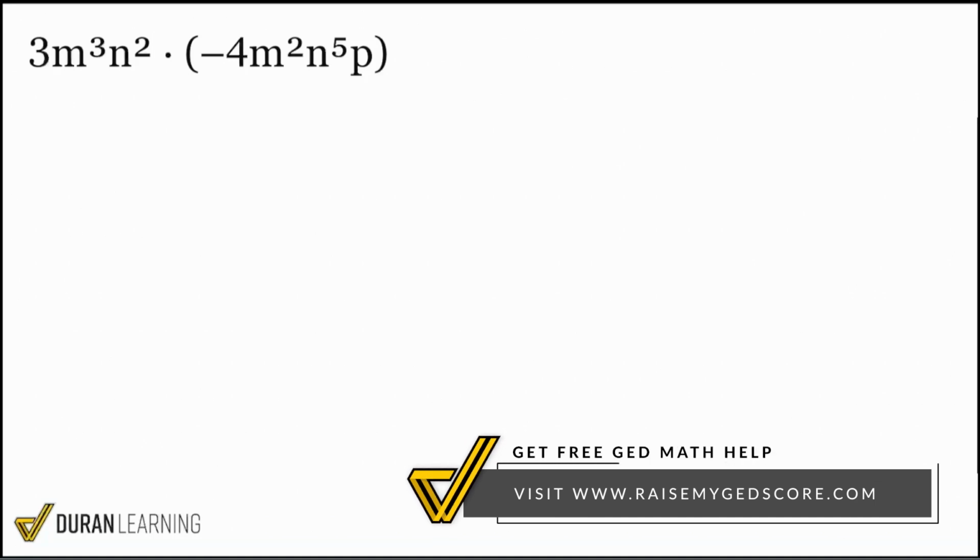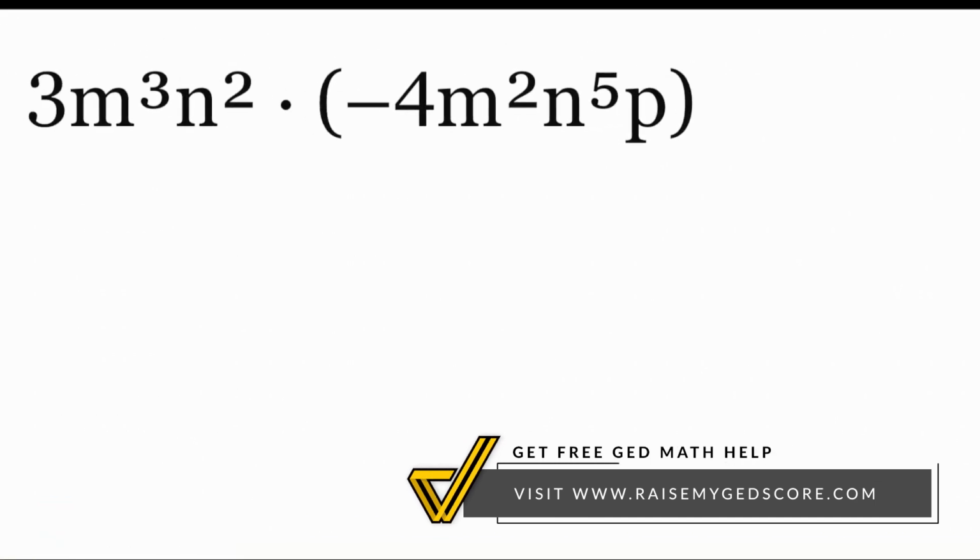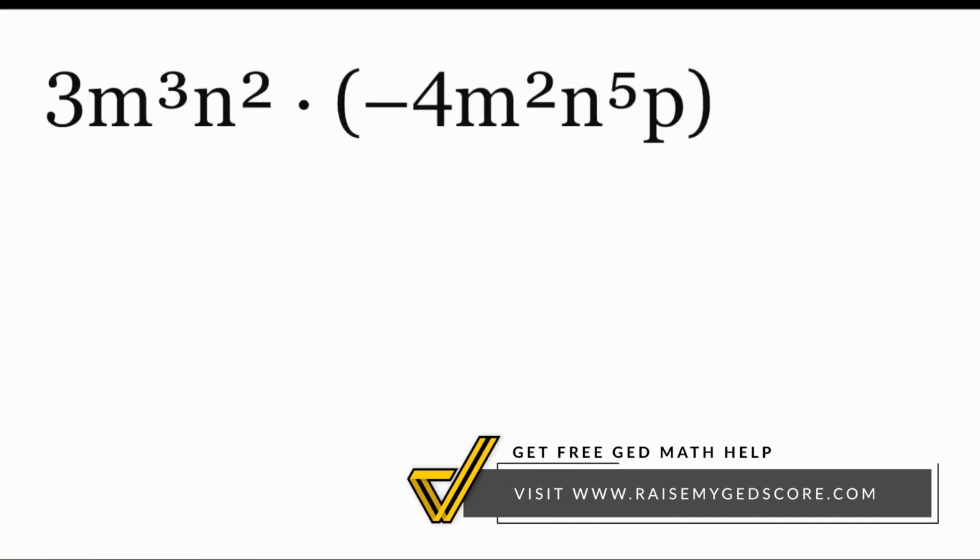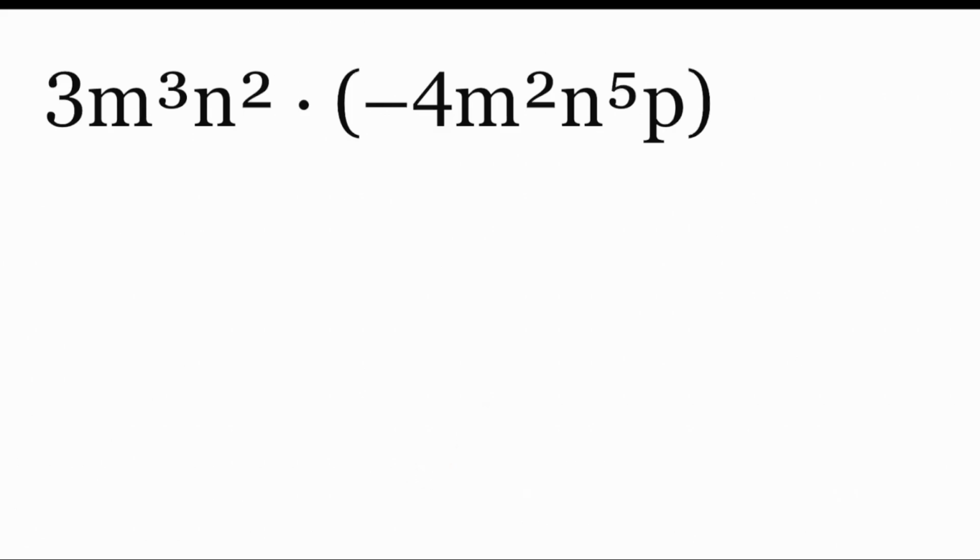So first things first, like I said, if you don't know where to start, the best way, in my opinion, is to first take a moment, take a breath, understand what's being asked of you to do. Everybody, one more time, because that dot is right there between these two terms, what operation are we dealing with? Yeah, that dot in between them means we're dealing with multiplication.